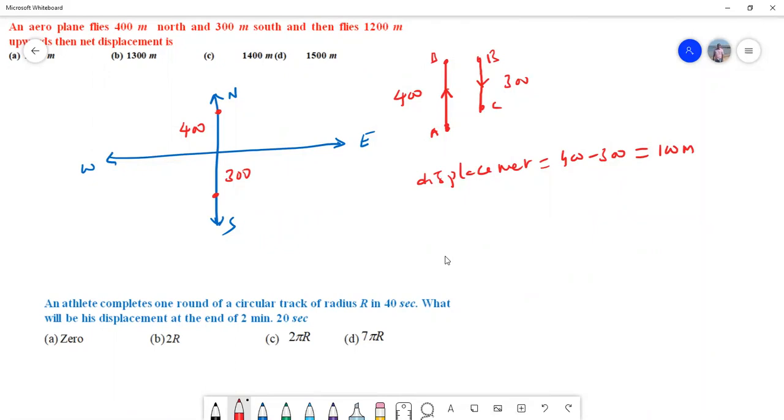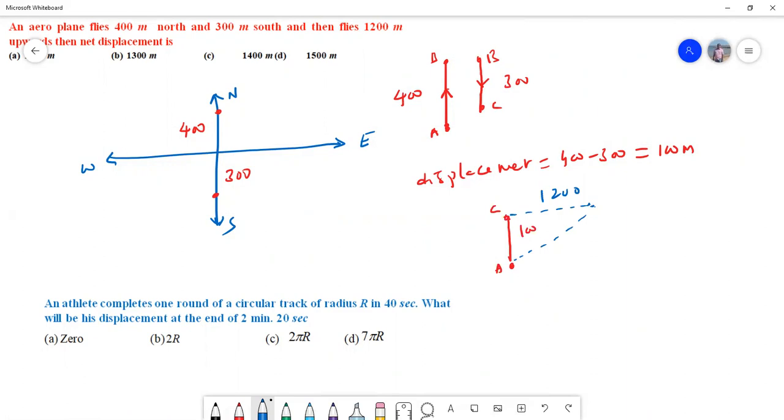Now it travels upward. The beginning point is A. Now let's take this point C. This is 100 meters. Now from the point C, it went up 1200 meters. Somewhere it is at this point. Now what is the displacement?